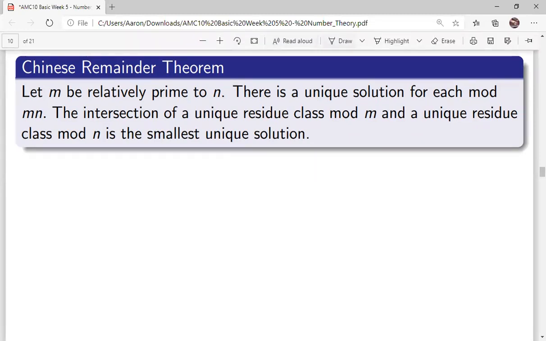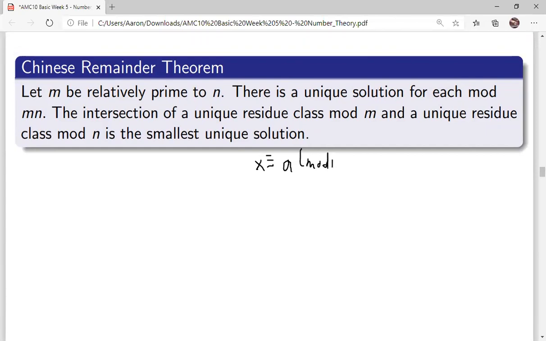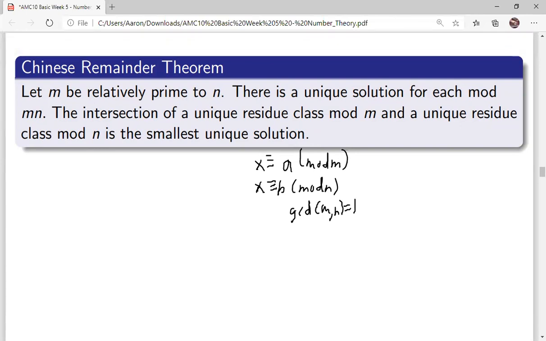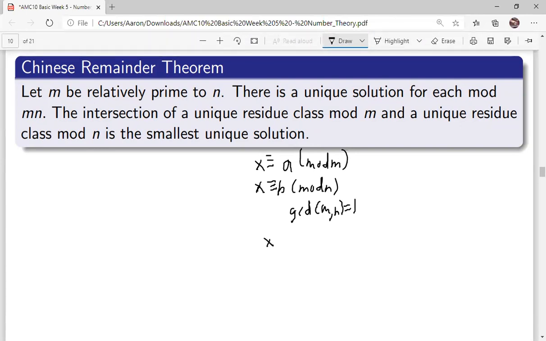Basically, if you have that x is congruent to a mod m and x is congruent to b mod n, where GCD of m and n equals 1, then you're guaranteed that x has a solution mod mn, m times n.